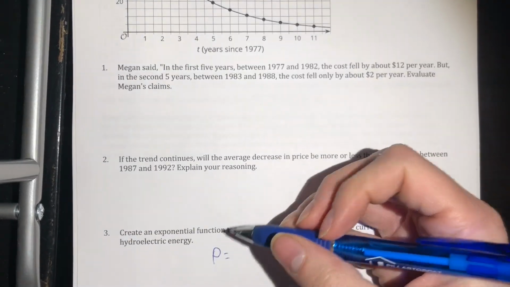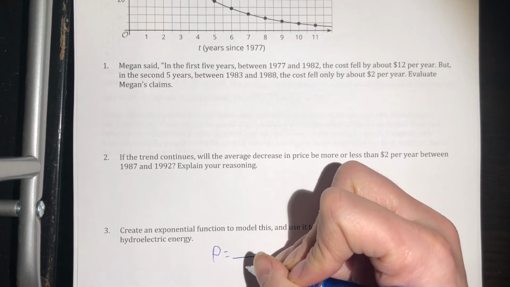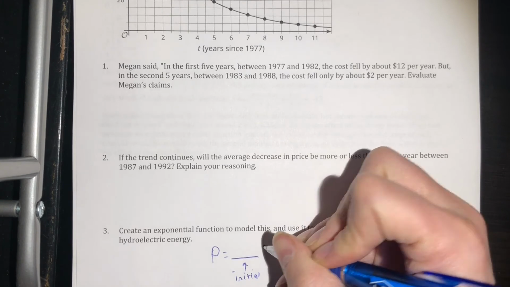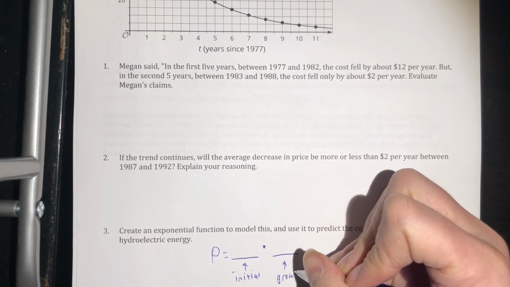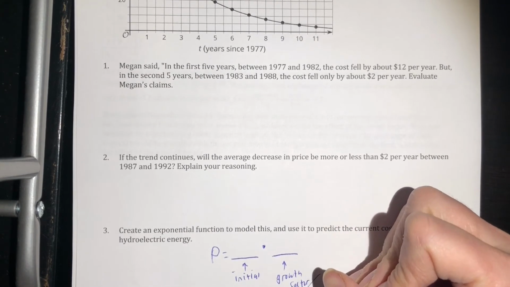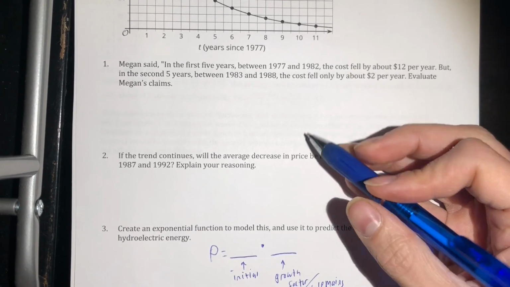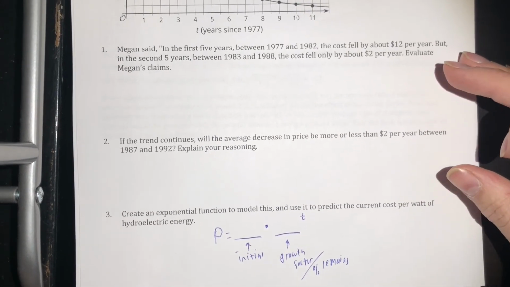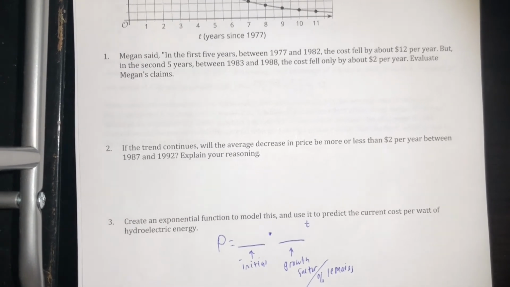I got P equals, and it should have that initial amount times whatever your growth factor is, or your amount that remains, raised to the t power. All right, so give that a try, and I will just post the answers when I have it ready.